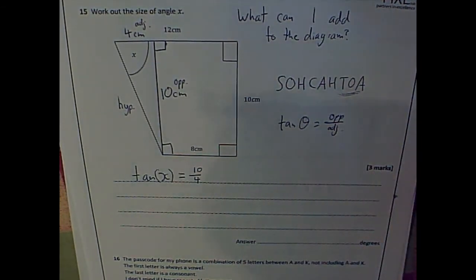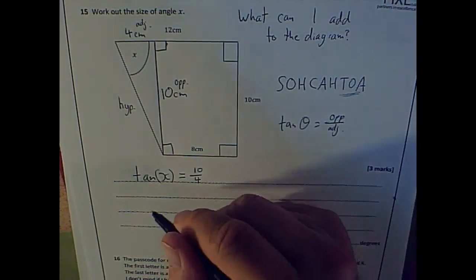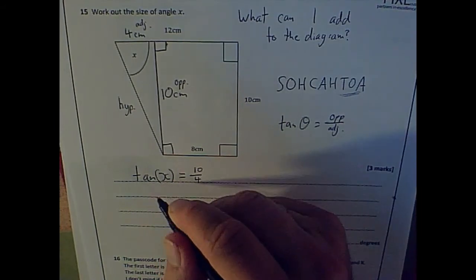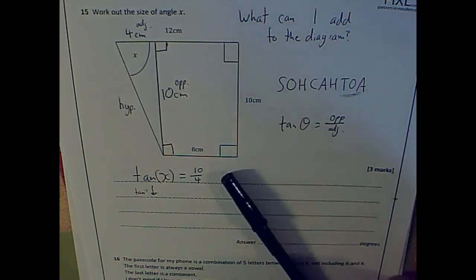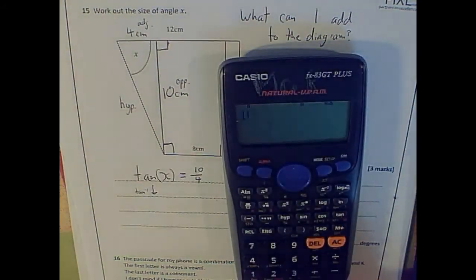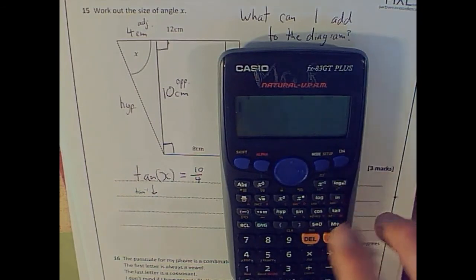Straightforward then. All I need to do to find x is to do the inverse tan, tan to the minus 1 of that. So 10 divided by 4 equals 5 over 2. So all I want is my inverse tan of 5 over 2.